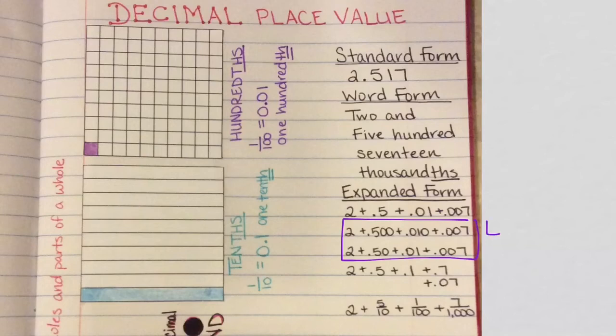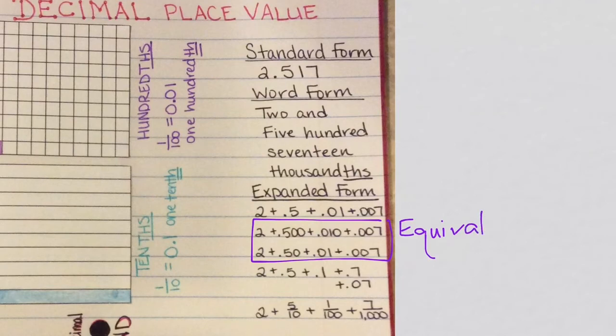And just like it sounds, equivalent, it means that they're equal. Okay, you can write 5/10 as 500 thousandths or 50 hundredths. Same thing for our 1/100th. You can write it as 10 thousandths, or just the regular standard way.